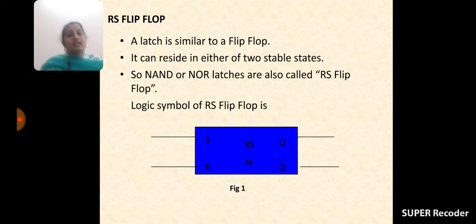How many types of triggerings or clockings are there? Two triggerings are there.